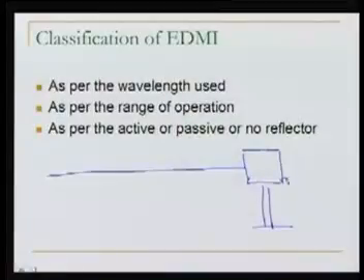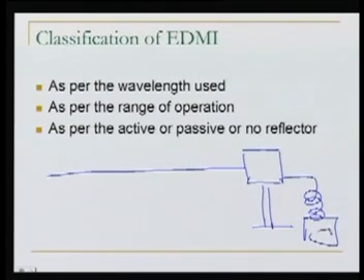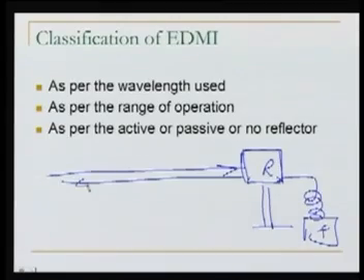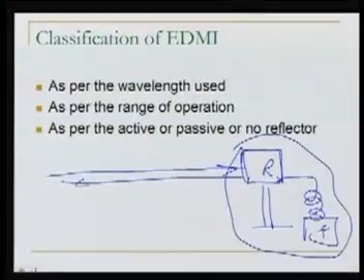Rather, we are making use of some instrument which is supported by a battery, a power, and the electromagnetic radiation which reaches here will be captured by this reflector, and then this reflector will fire the radiation. So what it is doing, we have an active system here which needs the power. Generally these are heavy in weight, they are large in size, and these active ones are generally used when the ranges are very, very large.